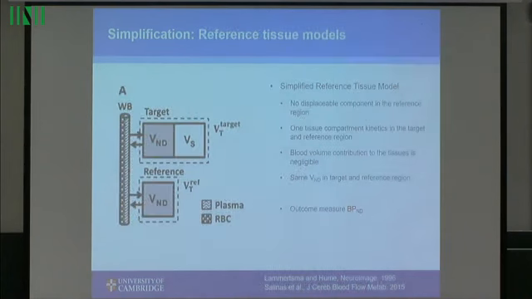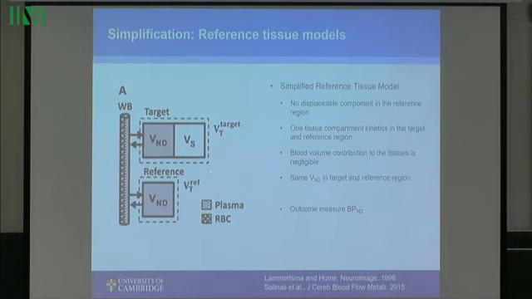Another simplification that I've also mentioned before is to try and avoid blood sampling where there are reference tissues available. That's a reference tissue model. An example is the simplified reference tissue model, where the reference tissue has the same non-displaceable volume as that of our target and has no specific binding.